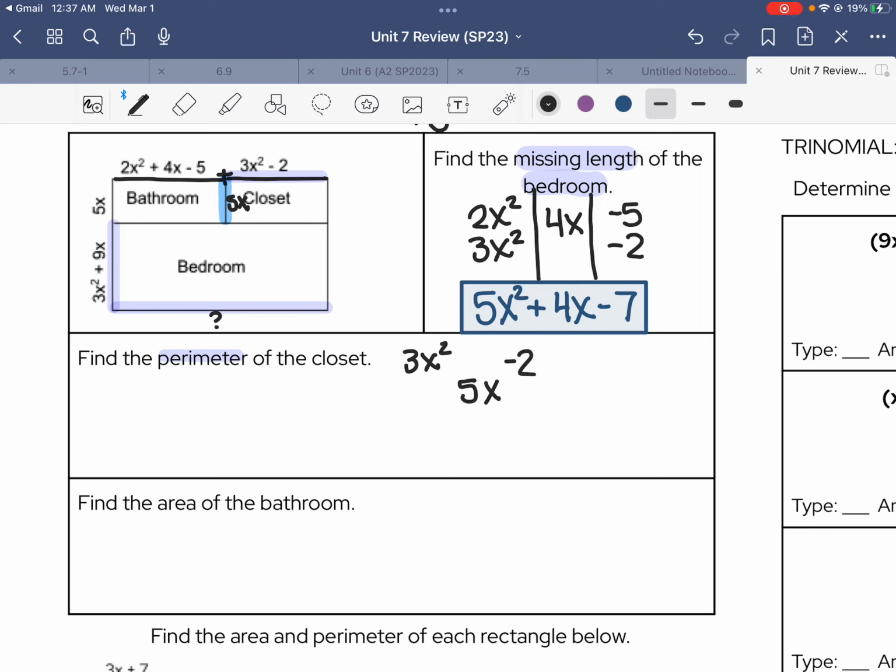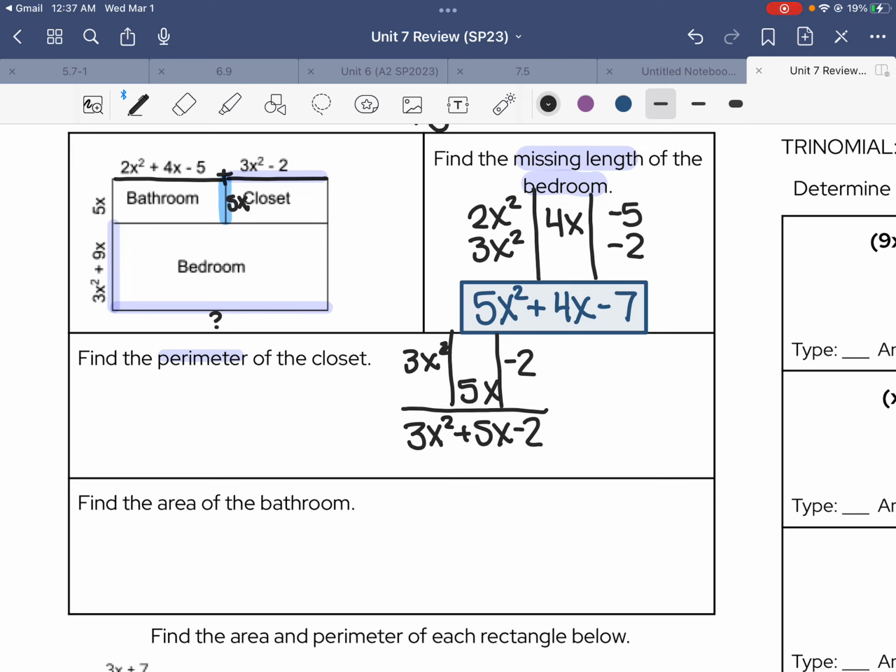And I have to add these together, but you'll notice that none of them are like terms. There's an x squared, an x, and a regular number. So that just means you write them all together. 3x squared plus 5x minus 2.